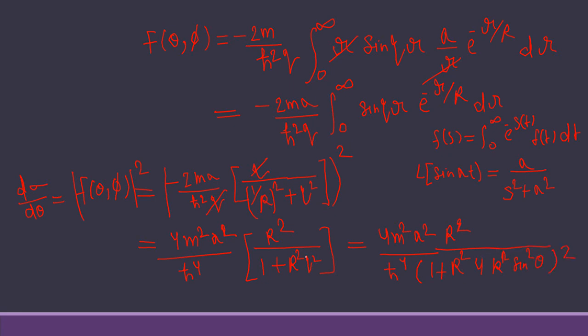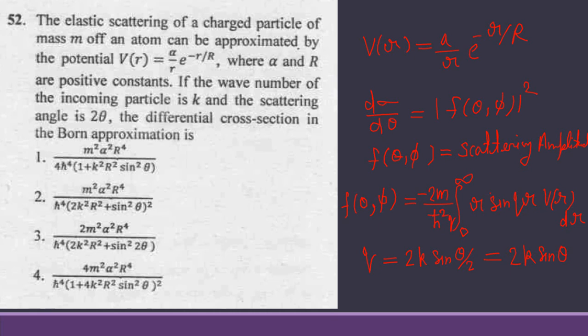Okay, whole square of this, and this will become R to the power 4. Okay, now check from the options which option will be correct. So the fourth option will be correct.